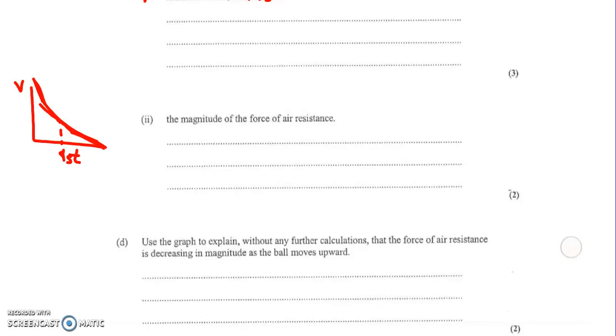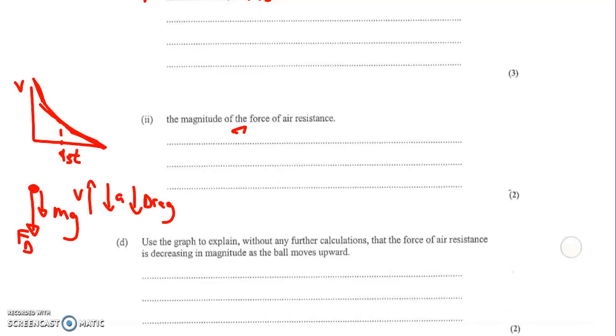I know that the object's being fired up, so its velocity is up, and we also know that its acceleration is down. Drag is going against it, so if it's moving up, then drag's going down. So the force diagram would look something like this: I have some drag force, and then some force of gravity, some mg going down.